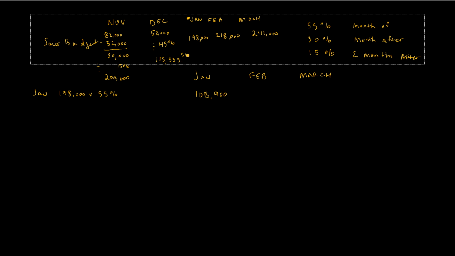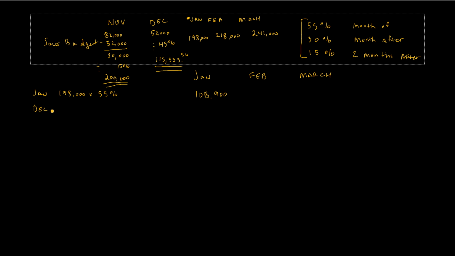So we have the sales for November and December. Since we have their total sales figures, we can apply this collection period to those totals. So in January, I'm going to collect, let's go with December next.